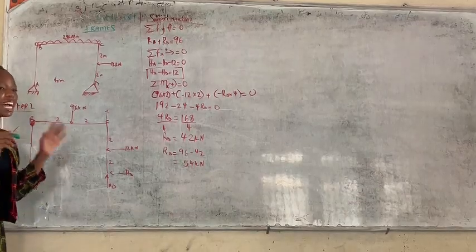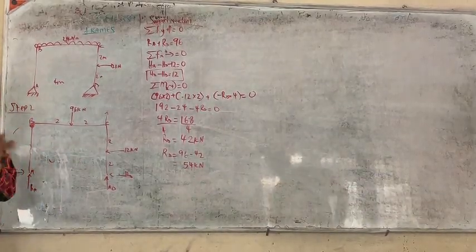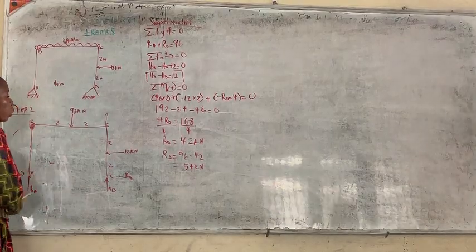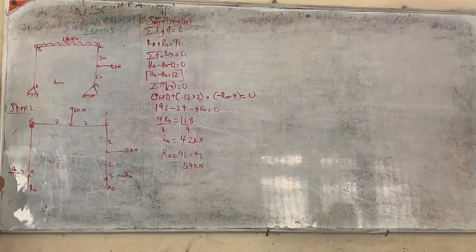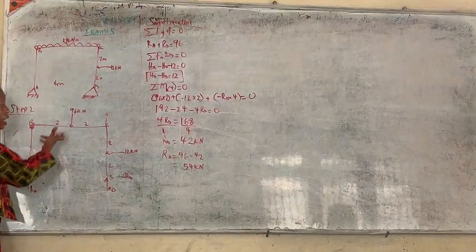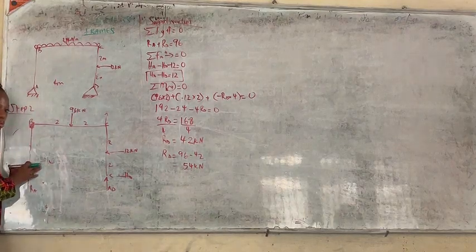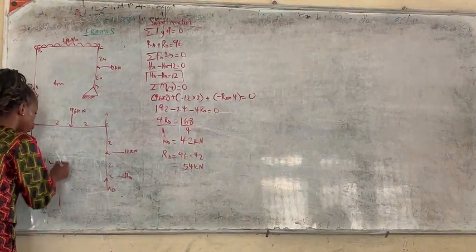That's the first check. The second check is: where is the unknown lying? On the column. It's not lying on the beam, so we can't use this. We are using the column.